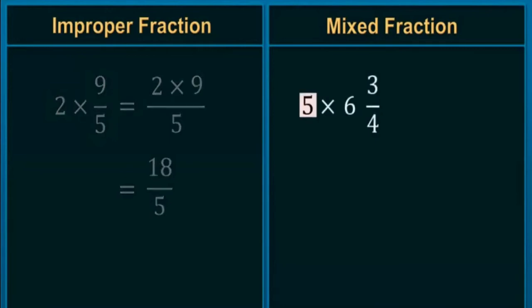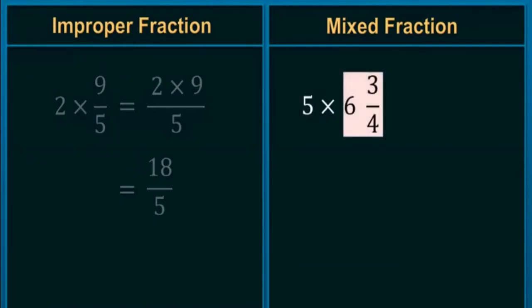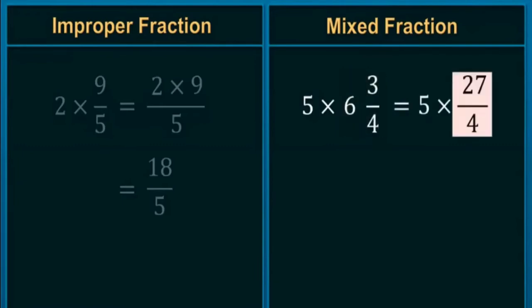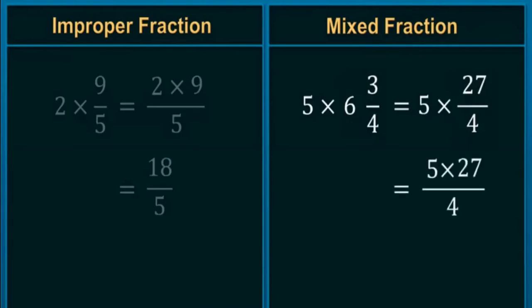While multiplying a whole number, 5 in this case, with a mixed fraction 6 3 upon 4, we first convert the mixed fraction into an improper fraction. Then, we multiply the whole number with the numerator to get 135 upon 4.